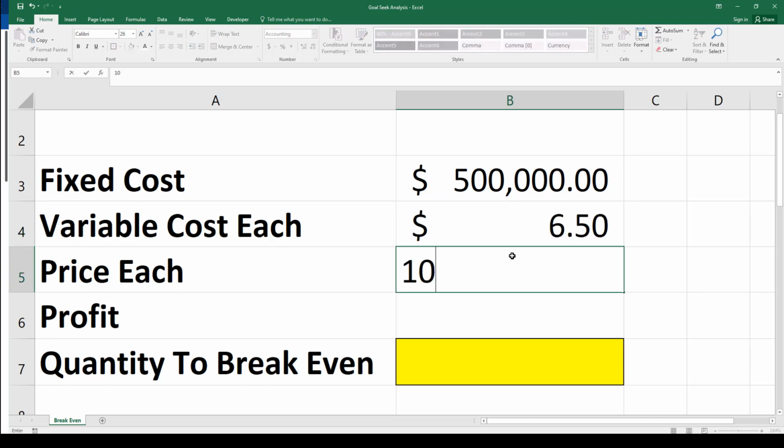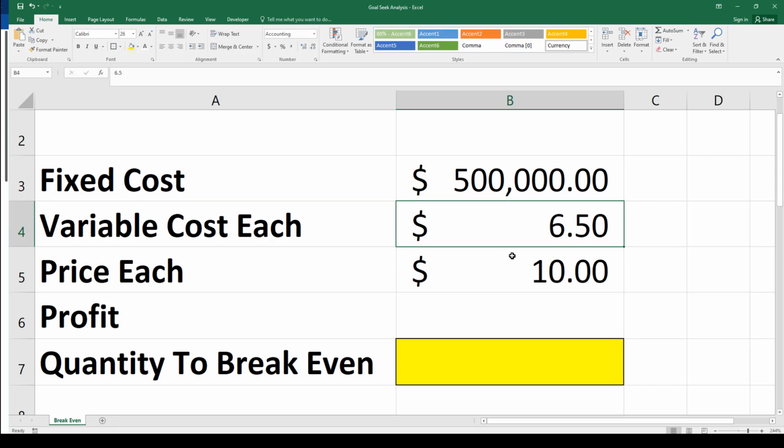I sell it for $10 to a retailer like Target or something like that. So essentially I make $3.50. $10 minus $6.50 gives me $3.50 per unit. That said, yeah, I'm profitable by $3.50, but I've got to pay for this huge number, so I have to produce a lot of units here.